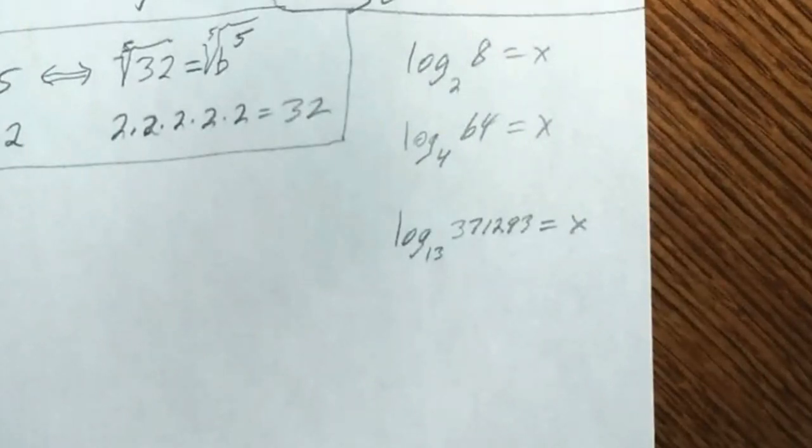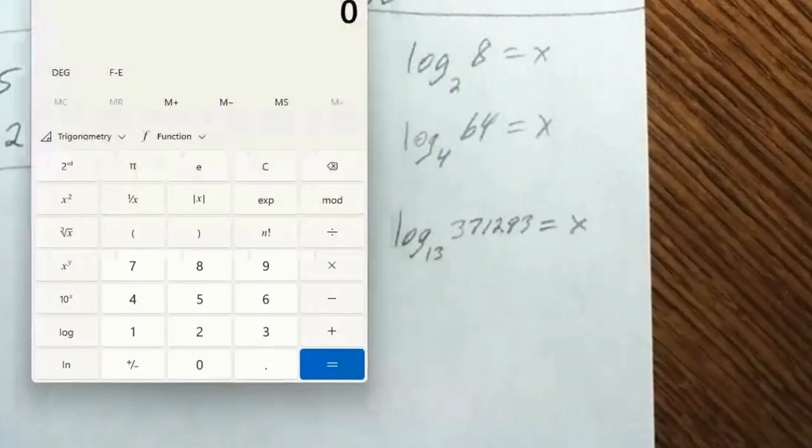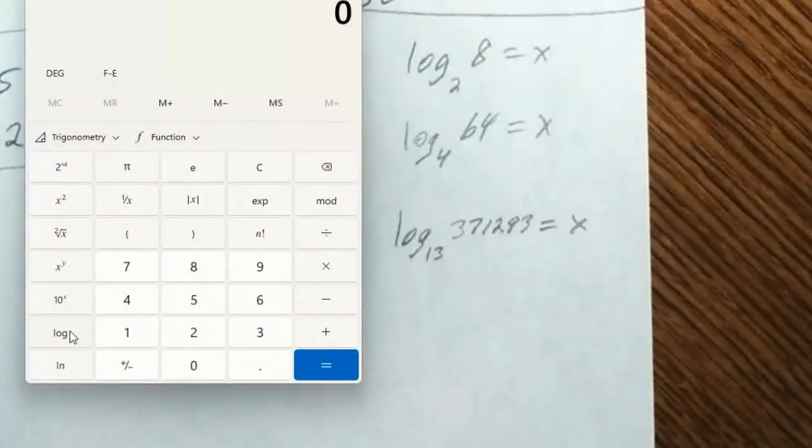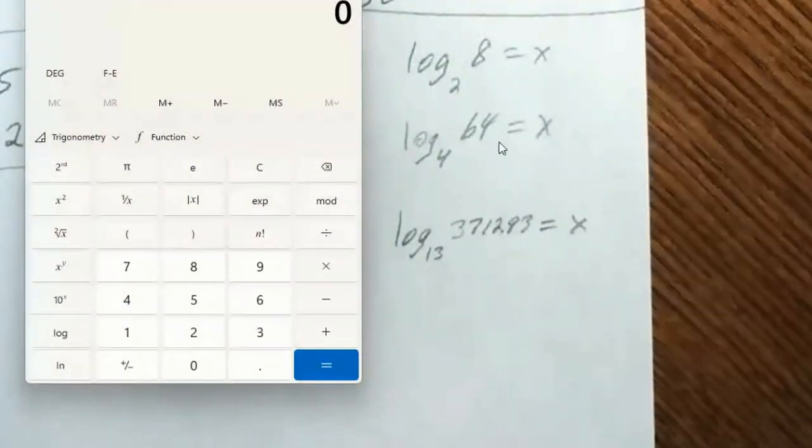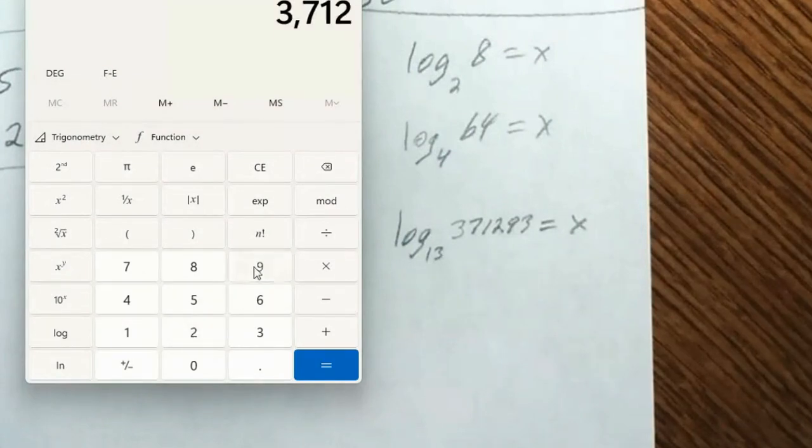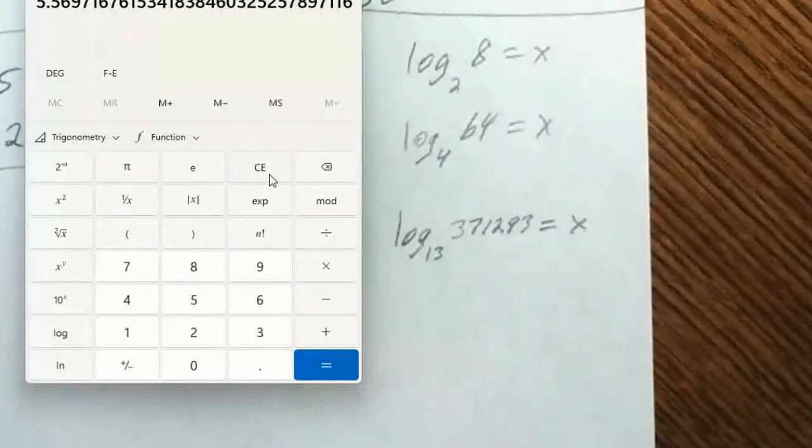Well, let me tell you, there is a simple way to solve all of these with a calculator. And you're like, wait a minute, you showed us the calculator. It's log base 10. None of these are log base 10. I can't just punch these numbers in. If I do 371,293 and hit the log button, it says 5.5697 because that's log base 10. 10 to the power of 5.569 is 371,293.